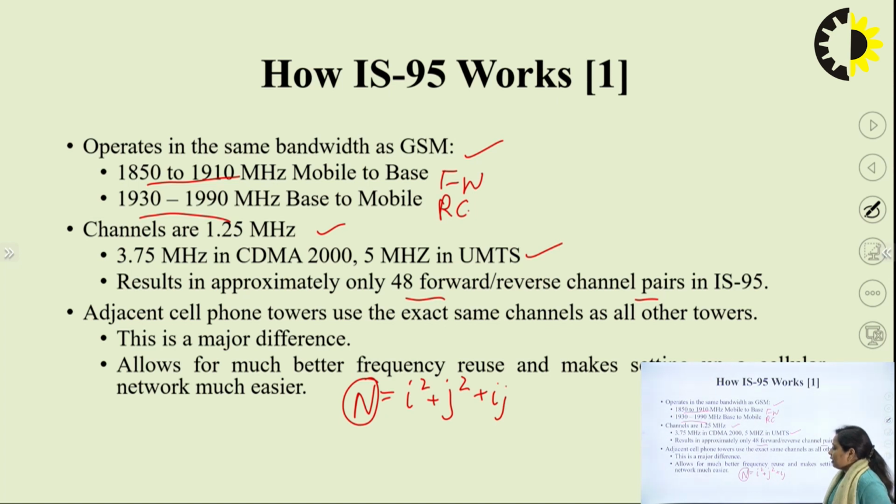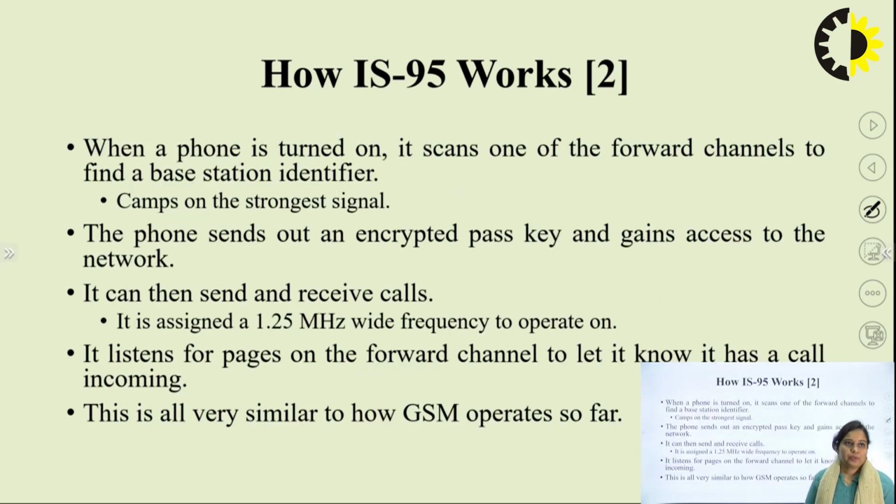In CDMA it is possible that cells use the same set of frequency range, and it allows for much better frequency reuse and makes setting up a cellular network much easier. Next, when a phone is turned on, it scans one of the forward channels to find a base station identifier.